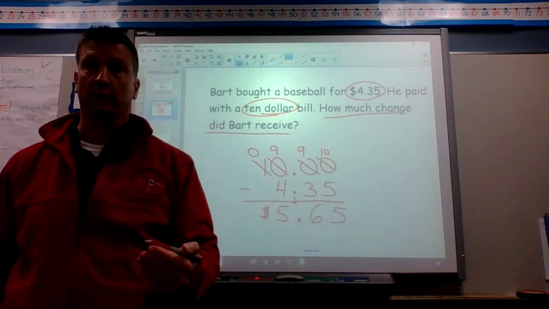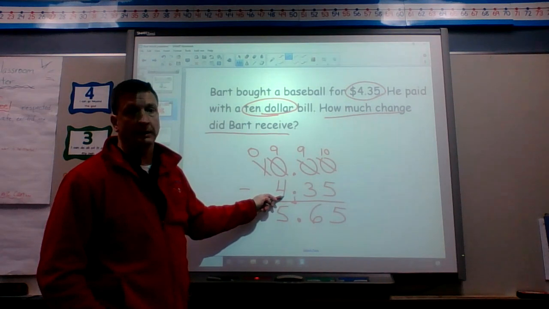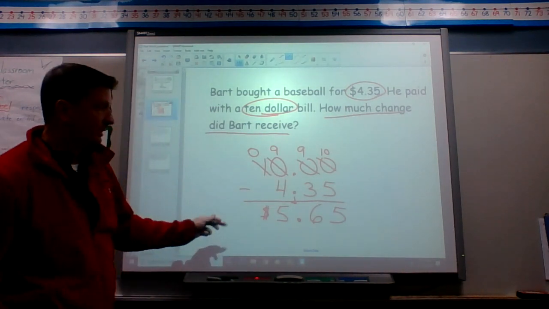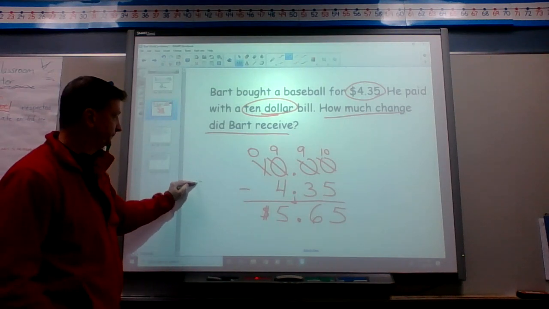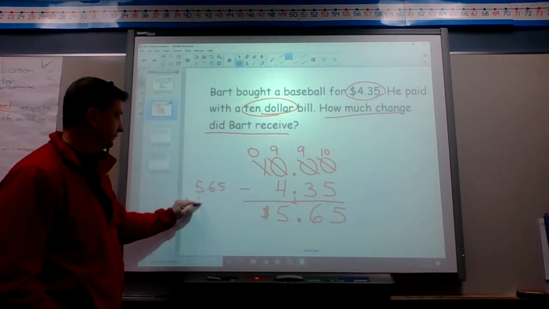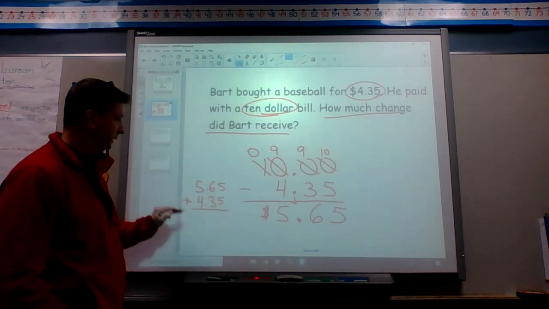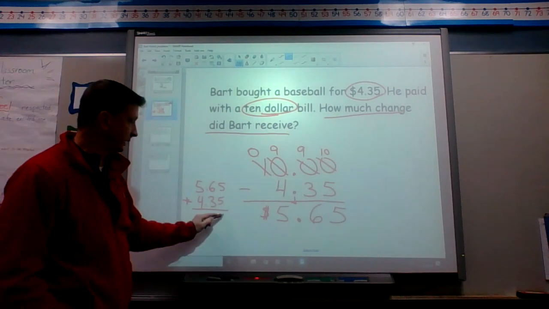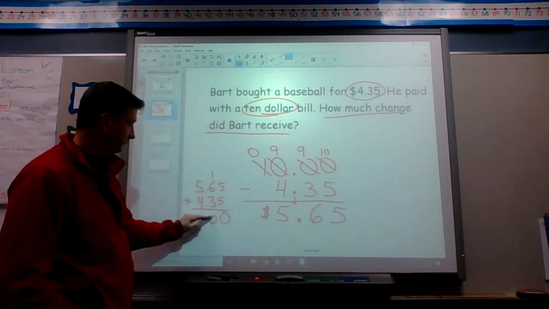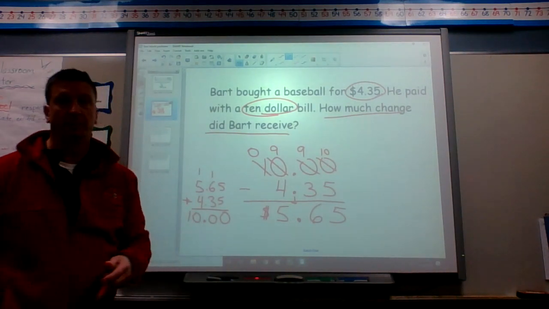Now, one thing you can always do is check your work. If you're not sure you did it correctly, how much change we got back and the cost should equal how much we paid. So I can always come over to the side here, line up my decimals, and add them together, and I should end up with $10, which I do.